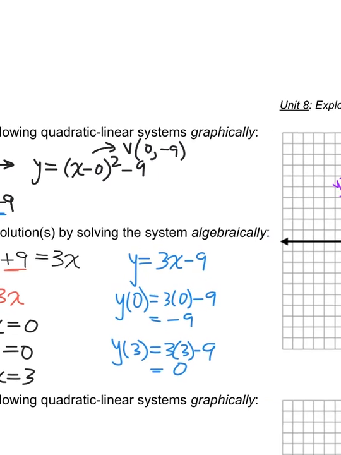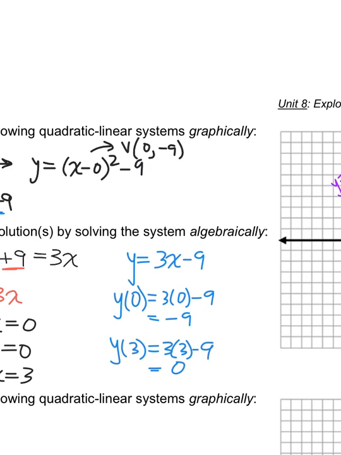In either case, I get my solution, right? So the 0 corresponds with a -9. The 3 corresponds with a 0. So those would be my solutions.